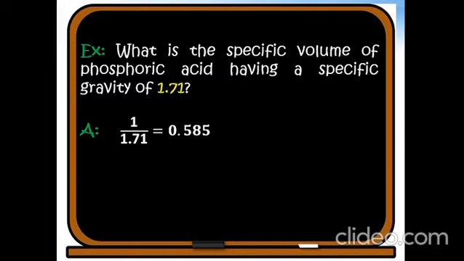They are reciprocal to each other. That means 1 divided by one of the two gives you the other one. So you get 0.585. That is the value for the specific volume.